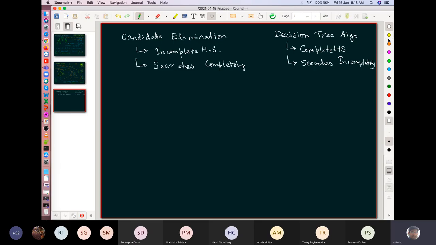Therefore, if you remember, we have introduced a term in our concept learning which is called inductive bias. So what is a bias here in our concept learning algorithms? I am assuming my hypothesis to be only formed by Boolean ANDings.